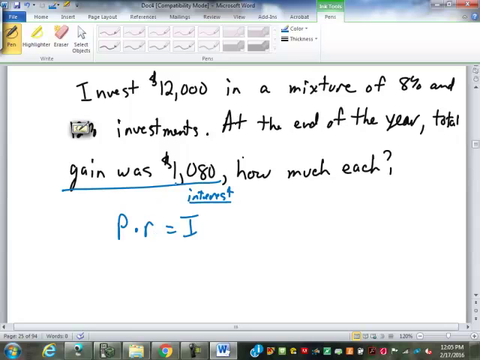Now, if any of you are familiar with simple interest, you'll notice that simple interest is P, R, T, where T is time. I left out the time because this is at the end of 1 year. So time is simply 1 year in this case. So when it's 1 year, the interest amount is just principal times rate.